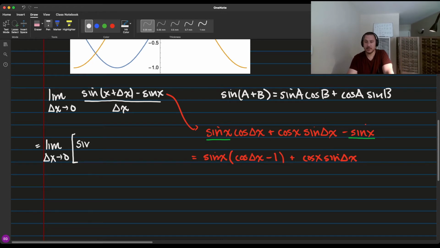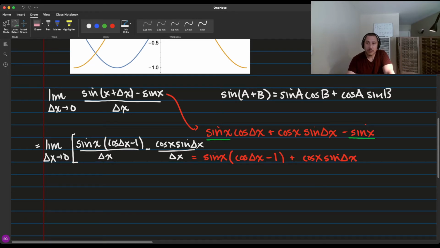One of them is going to be sine x times the cosine of delta x minus 1 all over delta x. And then this one is going to be minus the cosine of x sine delta x all over delta x.